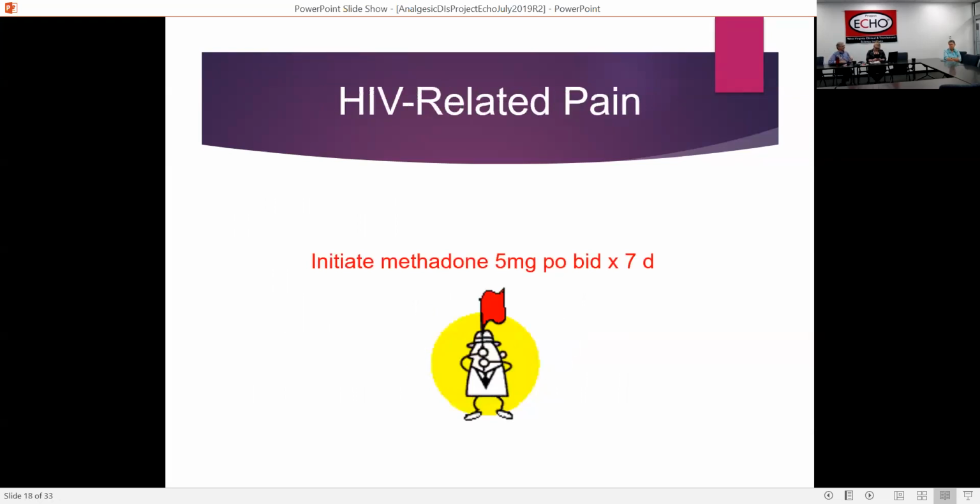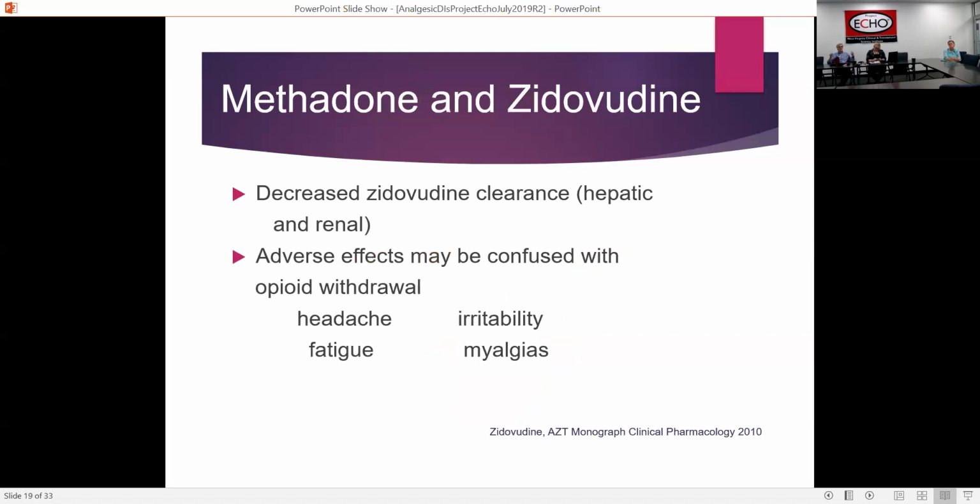So the red flag here, again, not criticizing drug choice, but methadone. And how come? Well, it's because he's taking one of the antiretrovirals, Zidovudine, which can interact with methadone.